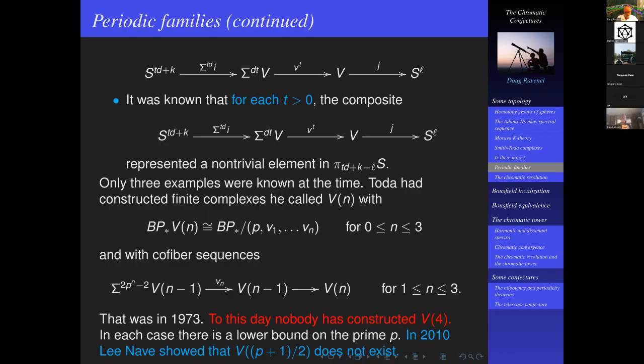So it means, for example, if the prime is 5, v of 3 does not exist, nor do any of the higher v's. It's automatic that the higher v's can't exist. If v of 3 doesn't exist, this is for the prime 5, none of the higher ones can exist. And as I said, we don't know that v4 exists for any prime. Nobody's seen one yet.